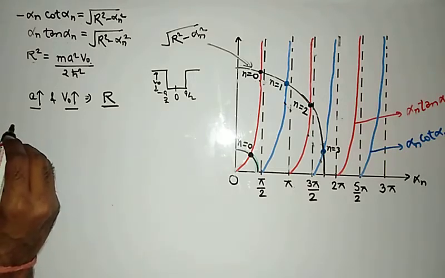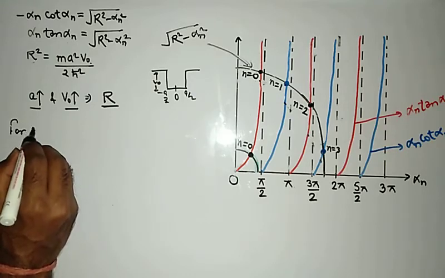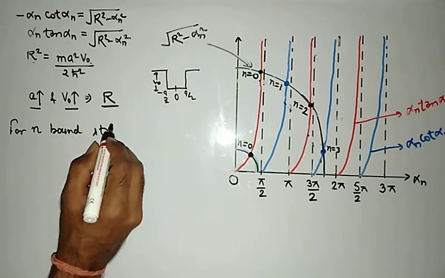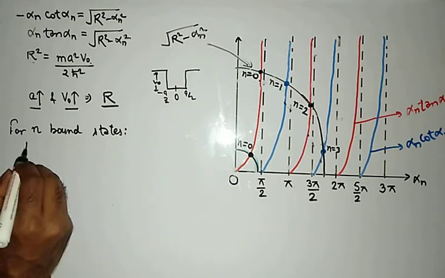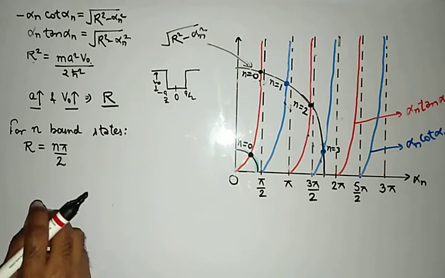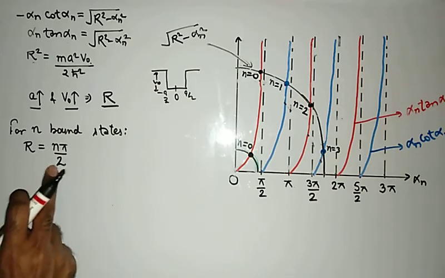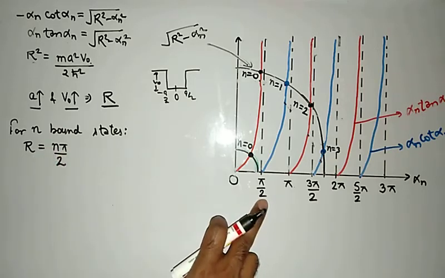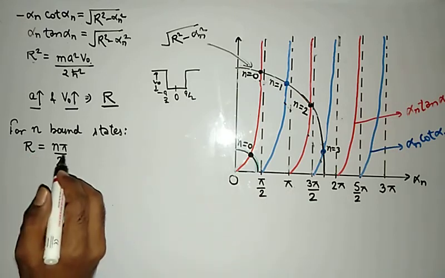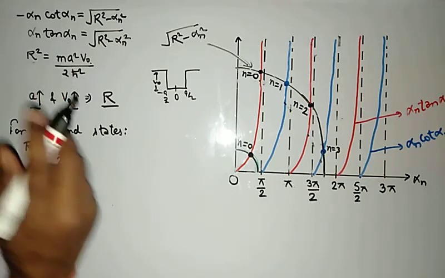And for n bound states, we have the general formula of R equal to n pi by 2. N pi by 2, n is equal to 1, pi by 2, n is equal to 2, pi. So, n pi by 2, and using this here we get V naught also.